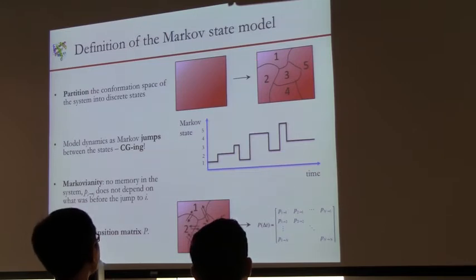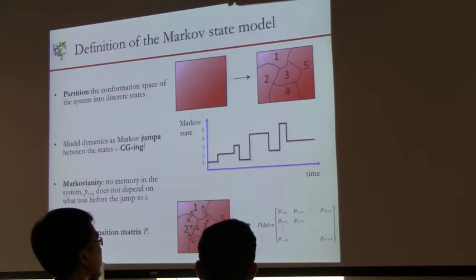So if the point representing the current state of the system is here, we say that the system is in state 1. If it's here, then again we say that it's in state 1, regardless of slightly different geometries.